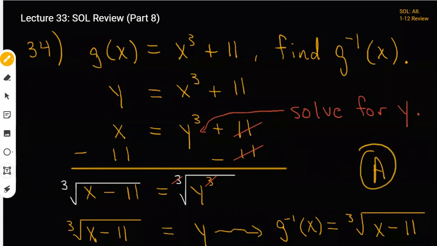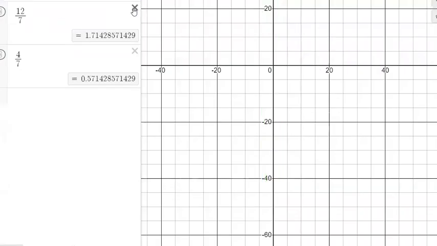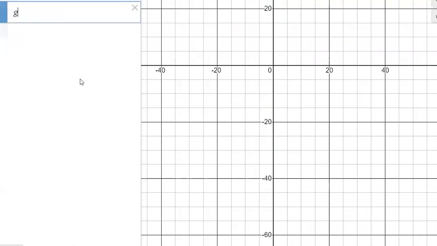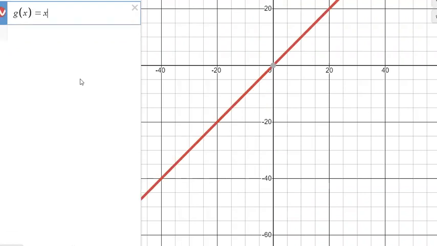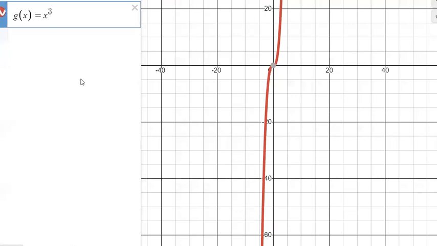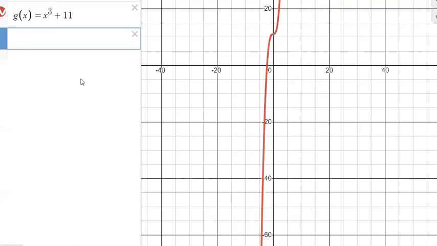Now, something cool about inverses that you may not know, but you're about to learn. If you graph the function and its inverse, a special thing happens. And I'm going to show you what that is. So my first function was x cubed plus 11. You can see it on your screen right there. I'm going to graph the inverse. I'm going to call it f of x. Now, I'm going to need the cube root, obviously.